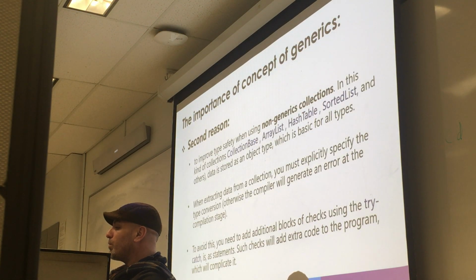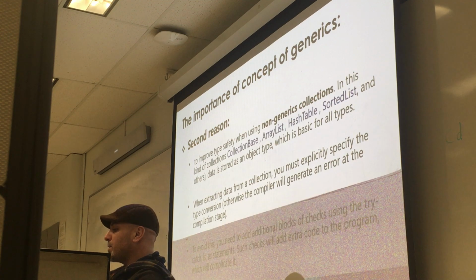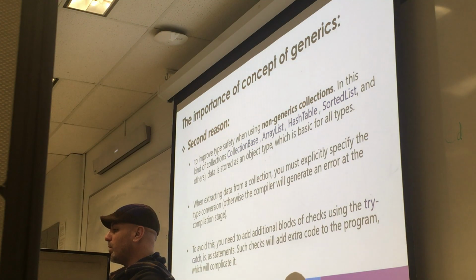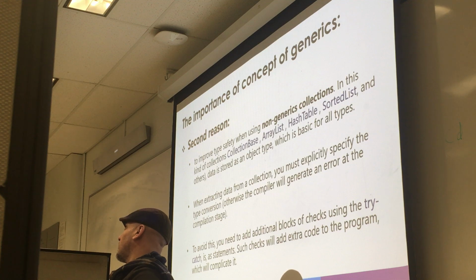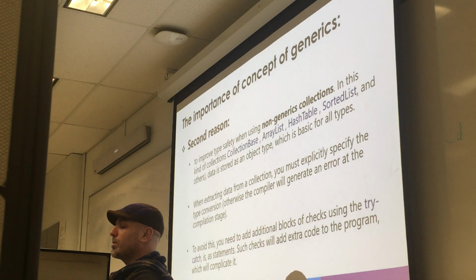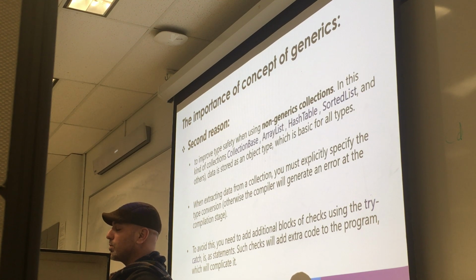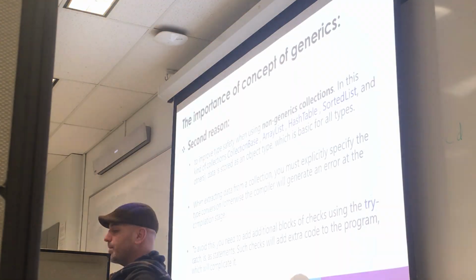Second reason, to improve the type safety when using non-generic collections. In this kind of collection, pairs, array list, hash table, sorted list, and others. When extracting data from the collection, you must explicitly specify the type conversion, casting, or I'm sorry, convert whatever, double to integer.